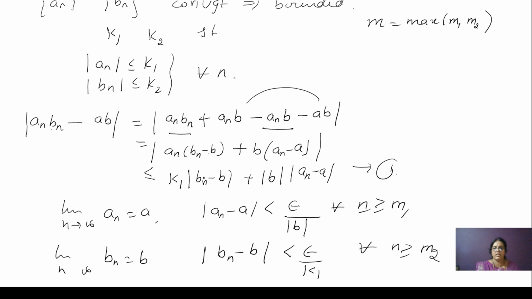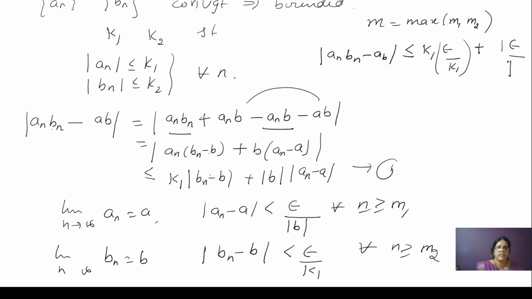And now substitute these two in equation 1. We get mod a_n b_n minus ab is less than or equal to k1 into epsilon by k1, since mod of b_n minus b is less than epsilon by k1, plus another one, mod b into epsilon by mod b.